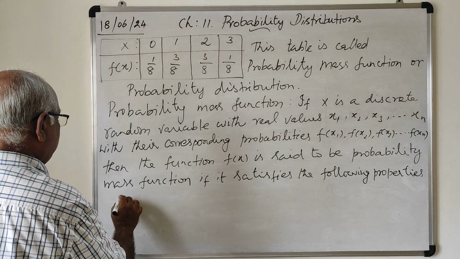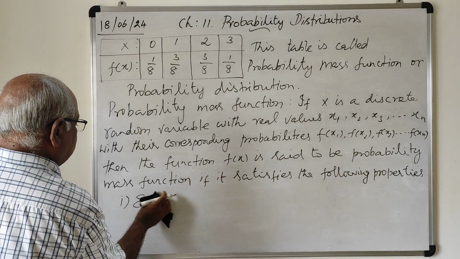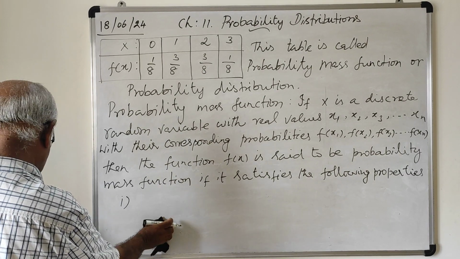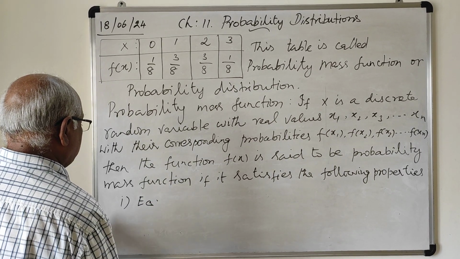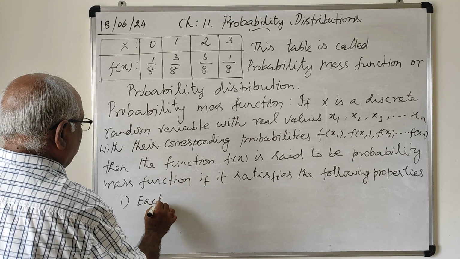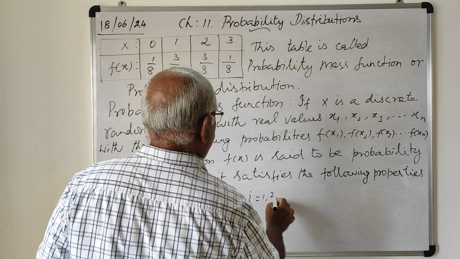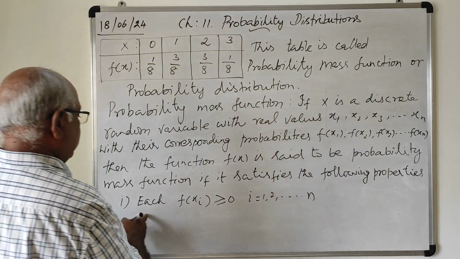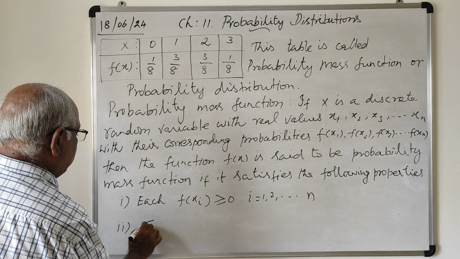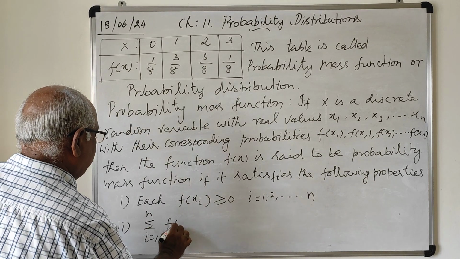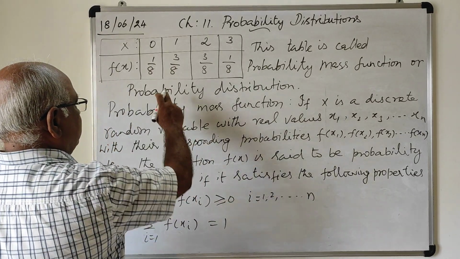First property: each probability f of xi is positive, where i equals 1 to n. Each probability is positive, and the second one is sigma i equal to 1 to n of f of xi equal to 1. The total of the probabilities of all the items is 1.